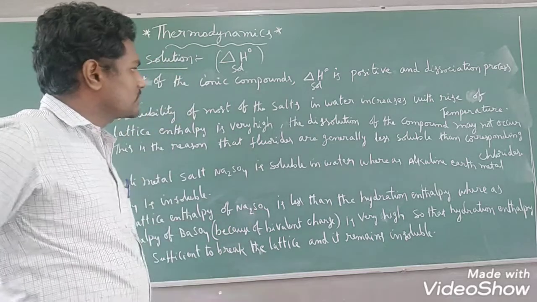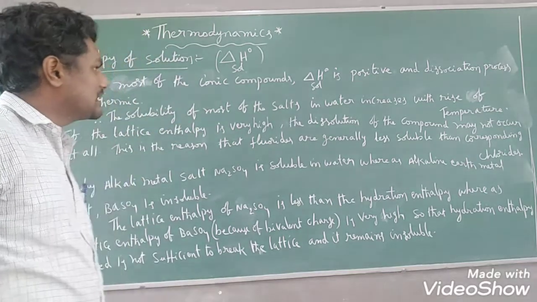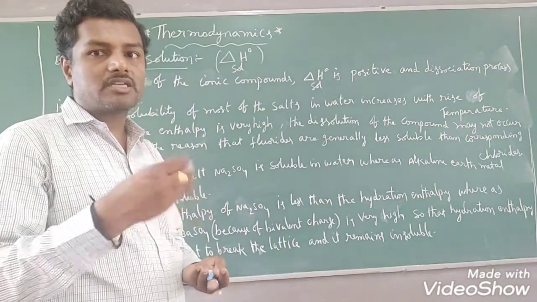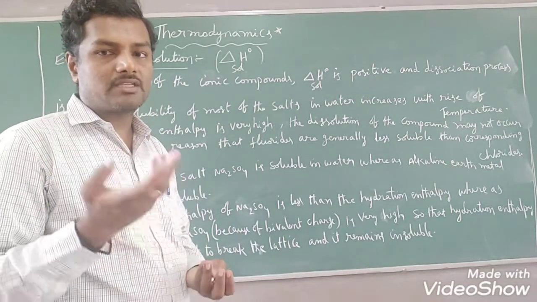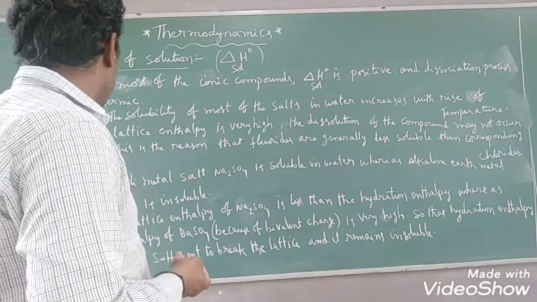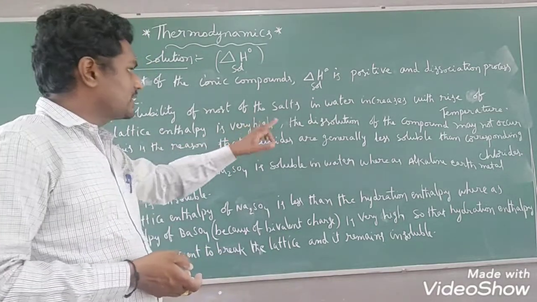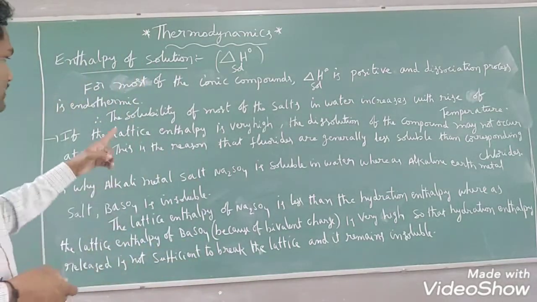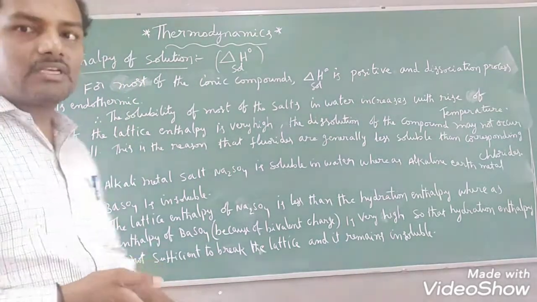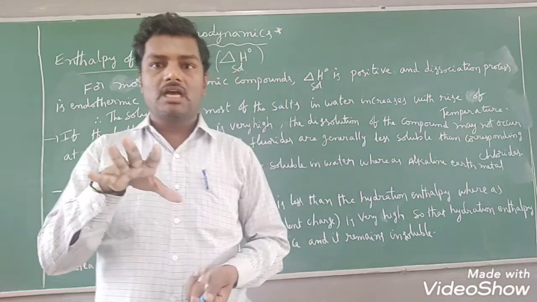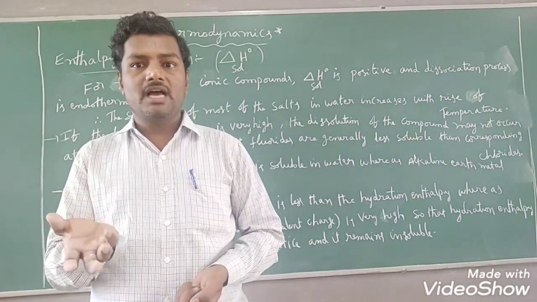The solubility of most of the salts in water increases with rise of temperature. Suppose any substance is not dissolved in water; if you raise the temperature, then the solubility will increase. We know that already. If the lattice enthalpy is very high, the dissolution of the compound may not occur at all. Lattice enthalpy is nothing but the amount of energy required to break a crystal lattice into constituent ions, right?